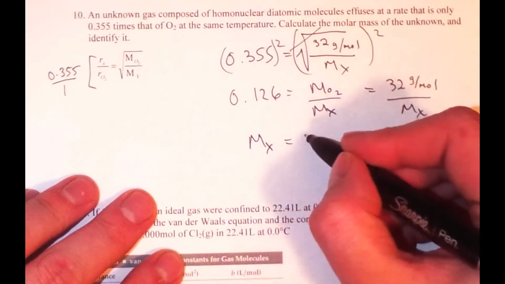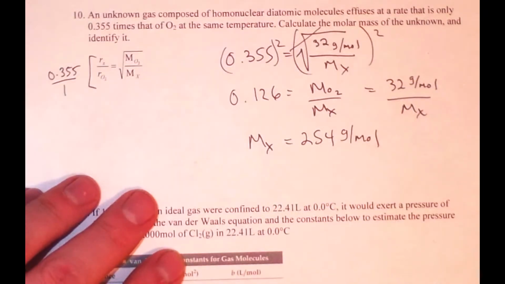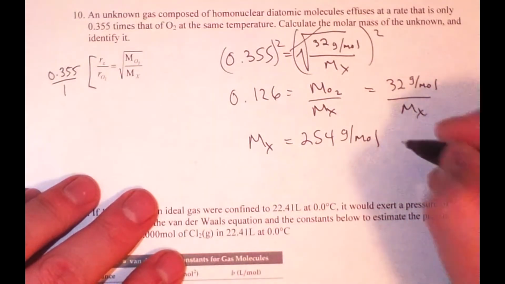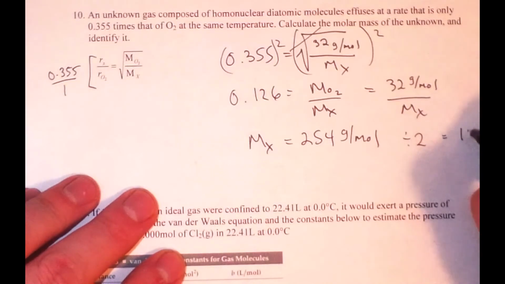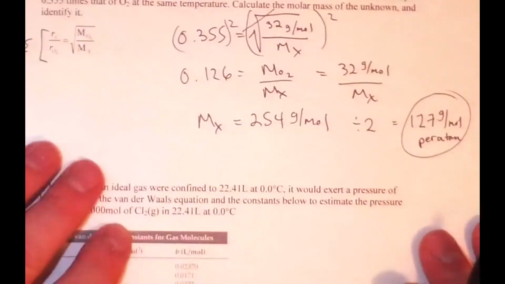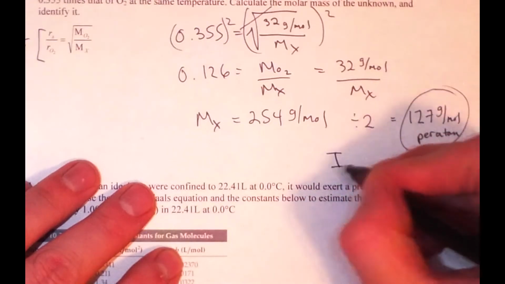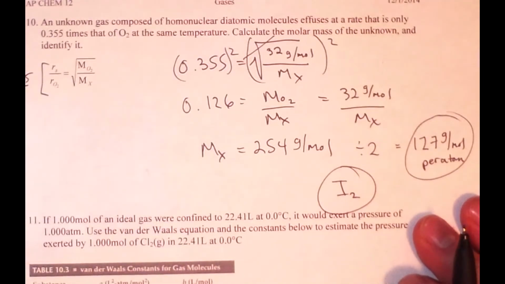The mass of X is equal to 254 grams per mole, so it's obviously one of the big gases. It says it's diatomic, so I'm just going to divide it by 2. It's 127 grams per mole per atom. And when we go to the periodic table and look at what that is, it must be iodine. That's how Graham's law works, or the rate of effusion.